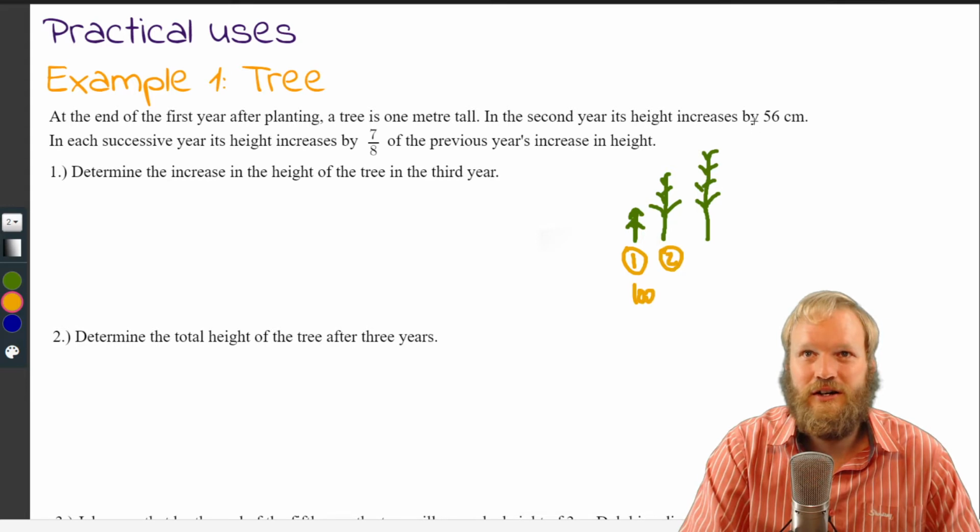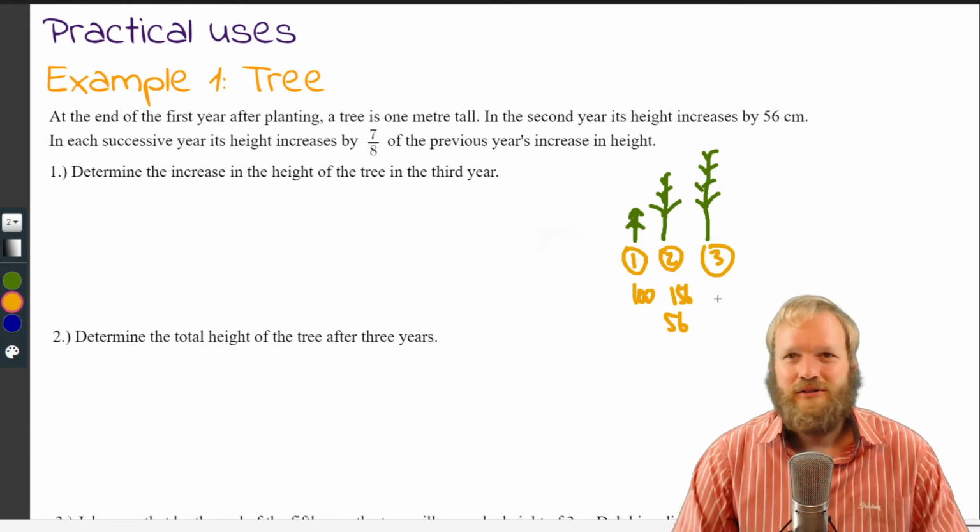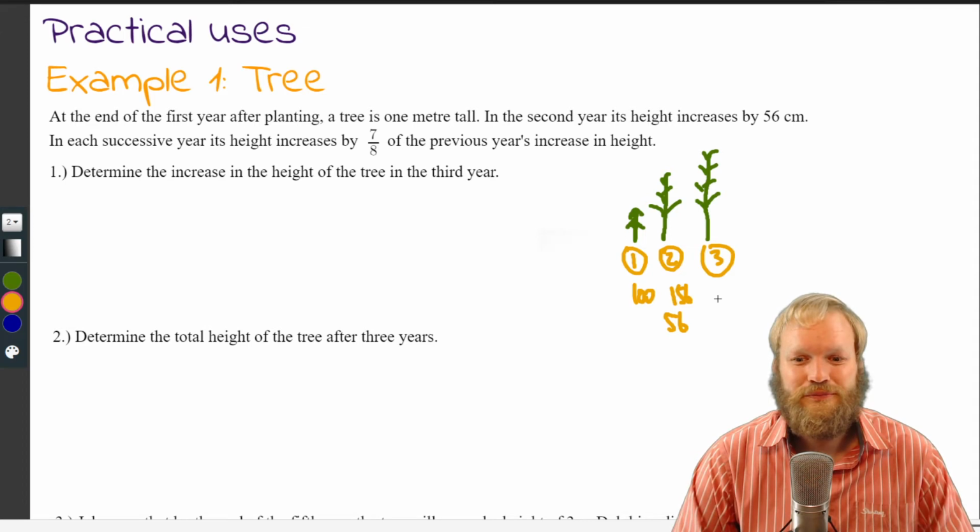In the second year, it increased by 56. So it got to 156. But the increase was 56. And at the end of the third year, we asked, how much does it increase by? So, what are your thoughts?